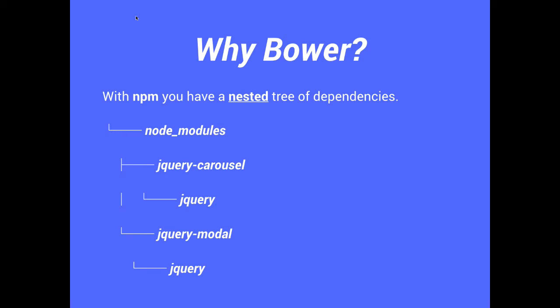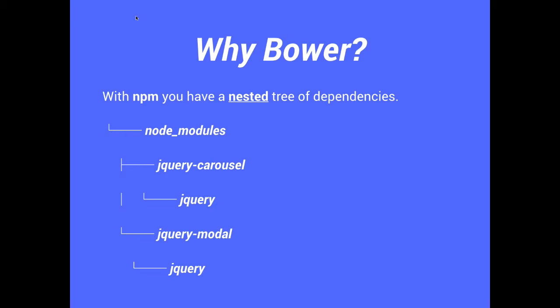This is totally alright for Node.js, because you can have 3,000 packages in your Node.js application and not have any trouble with performance. So this is totally fine in the Node.js environment, but not in the browser.